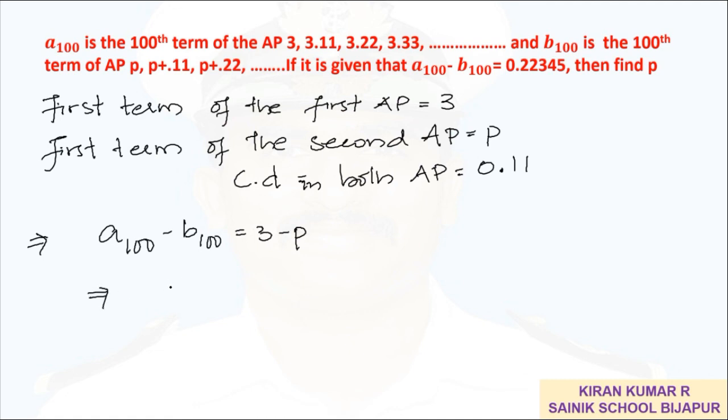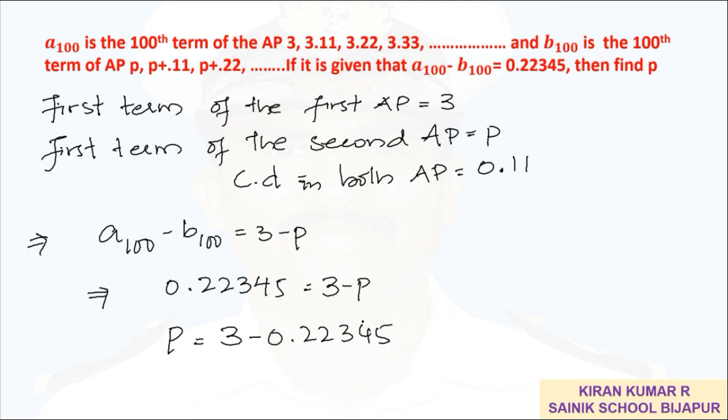This implies 0.22345 equal to 3 minus p. So the value of p is 3 minus 0.22345. Subtract it, we get the value of p as 2.77655.